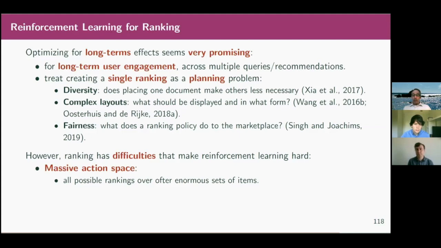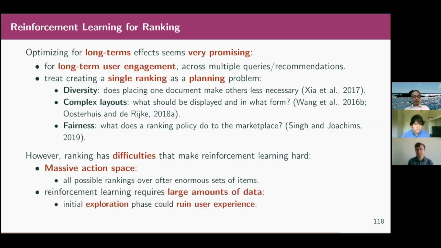Now, interestingly, ranking comes with challenges that make reinforcement learning hard, and one of them is the fact that we have a massive action space. If you think of a ranked list as an action, then for any somewhat reasonable document collection, we have a gigantic action space.